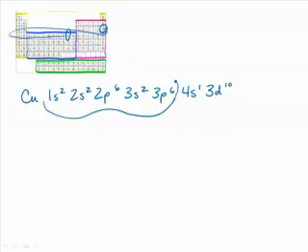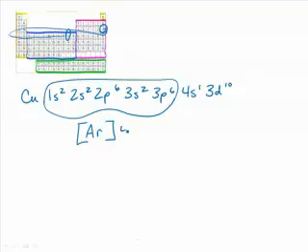This piece of the copper configuration that I did before, I can take and write argon in brackets, and that is the same as writing 1s2, 2s2, 2p6, 3s2, 3p6. So an alternate way of writing the electron configuration for copper would be argon in brackets, and then we just pick it up where we left off, 3d10.